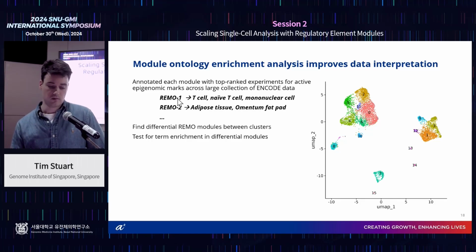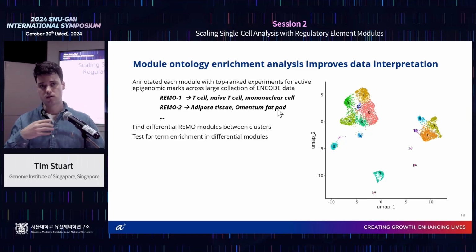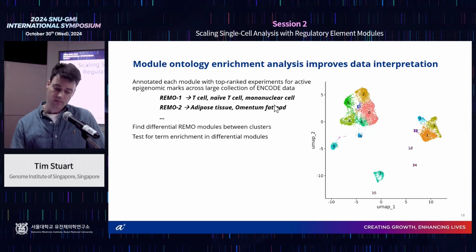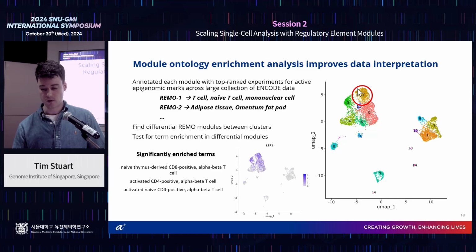So, for example, REMO 1 might be something like T cell, and REMO 2, adipose tissue, and things like that. So we're trying to get some metadata associated with these different modules, and then we can use that to help interpret the single cell data. For example, we can look at cluster 2 here.